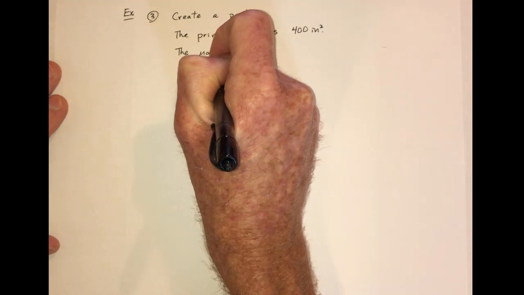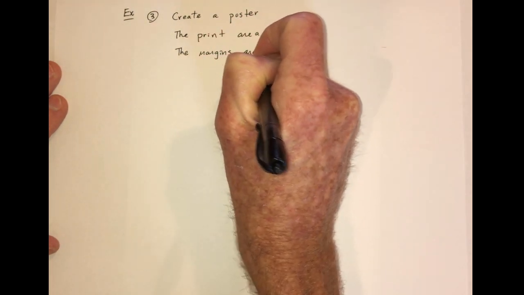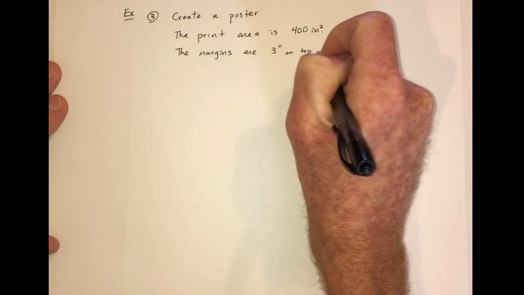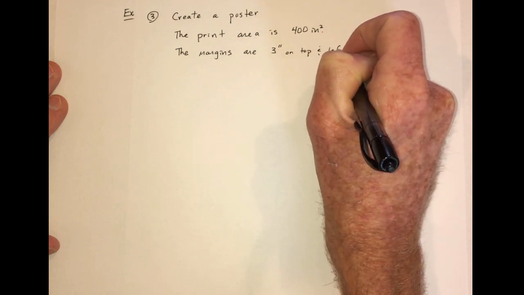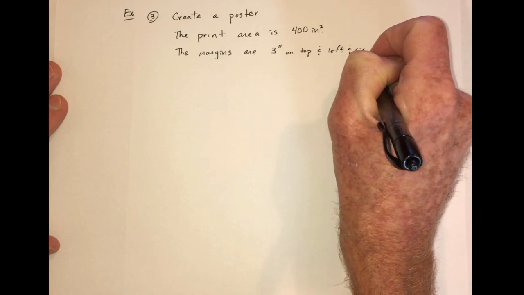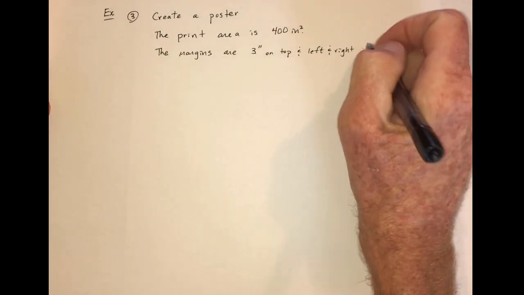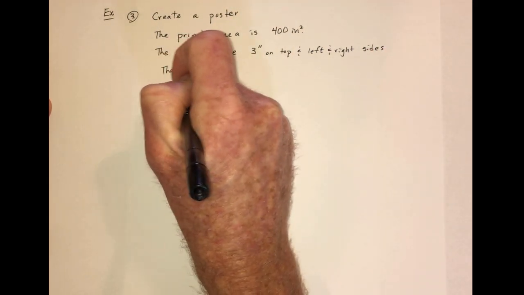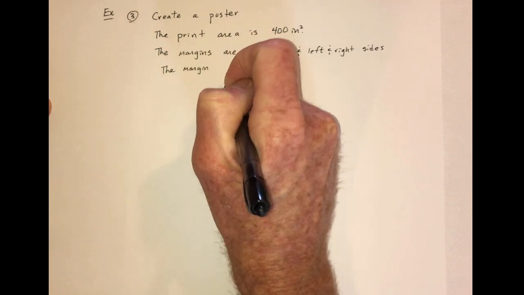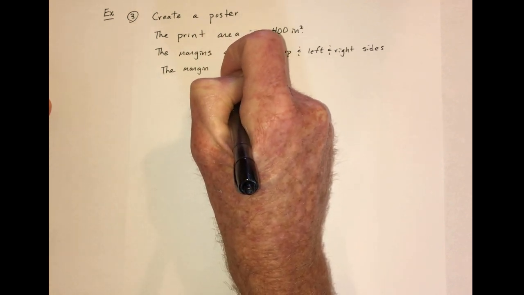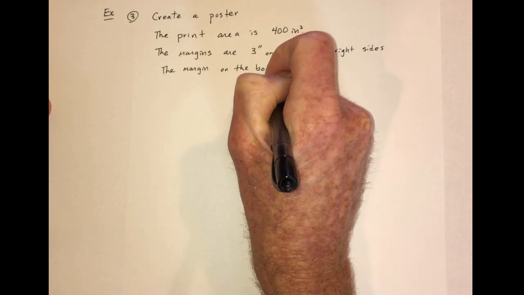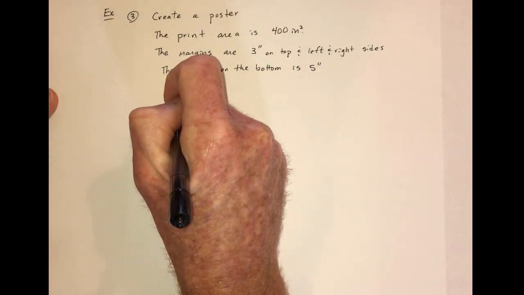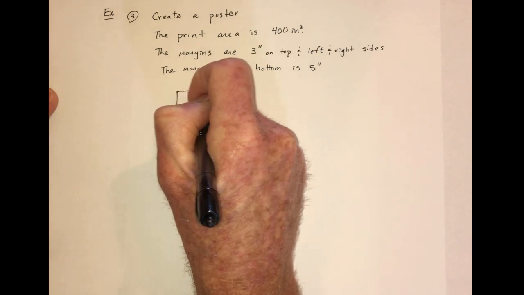The margins are 3 inches on the top and left and right sides. And the margin at the bottom is 5 inches. So in other words, this is going to be the whole poster.